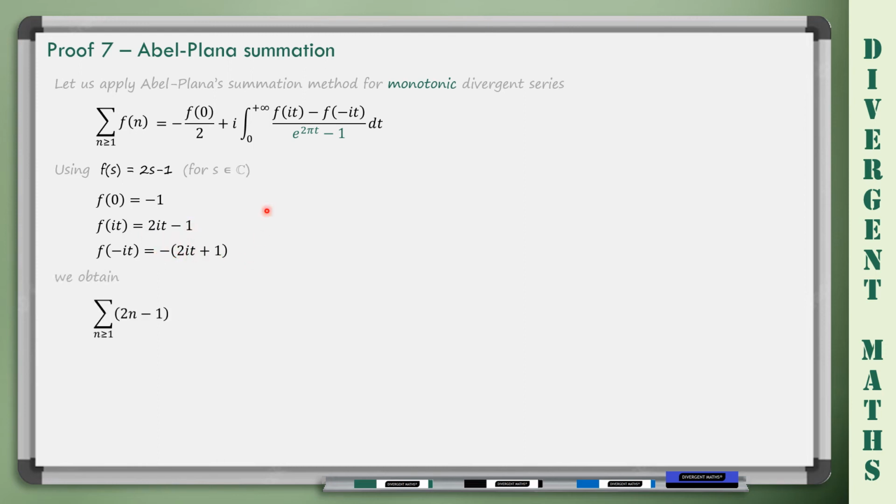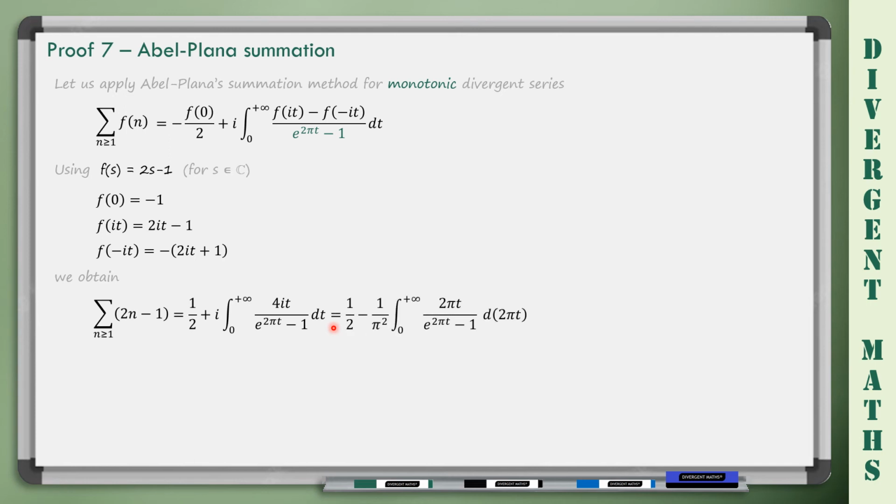So plugging in the integral, we obtain the sum from n equal 1 to infinity of 2n minus 1, which is our monotonic divergent series of odd numbers, is equal to negative 1/2 of f0, f0 being negative 1, so it becomes 1/2 plus i times the integral of 4it over e to the 2 pi t minus 1, dt, t being the variable for the integral.